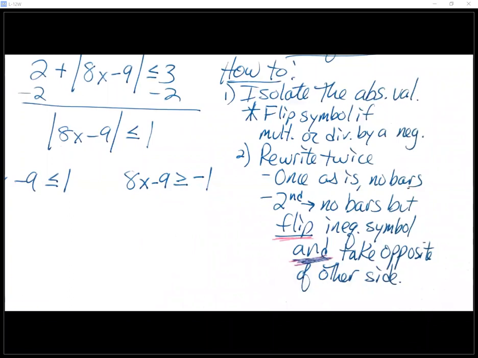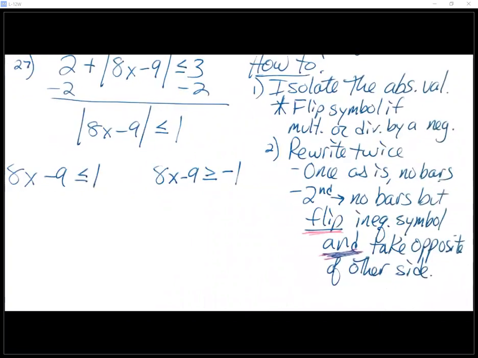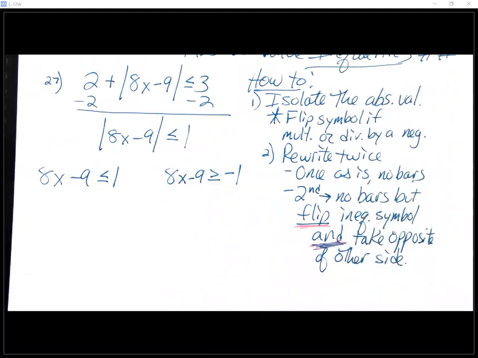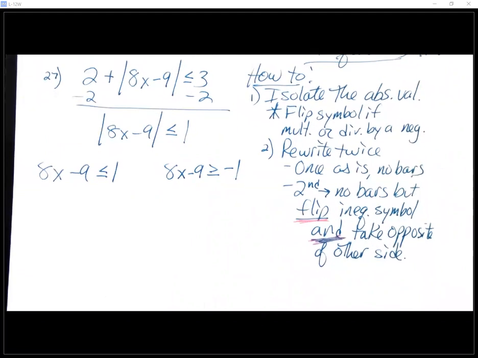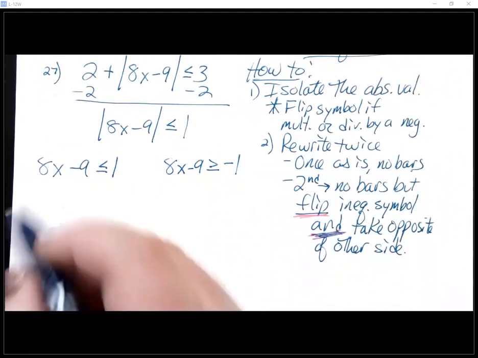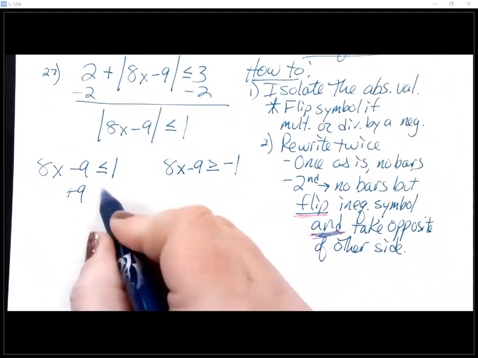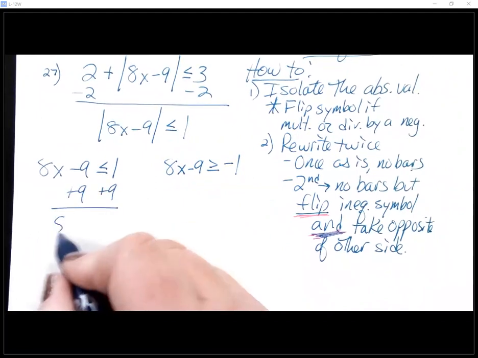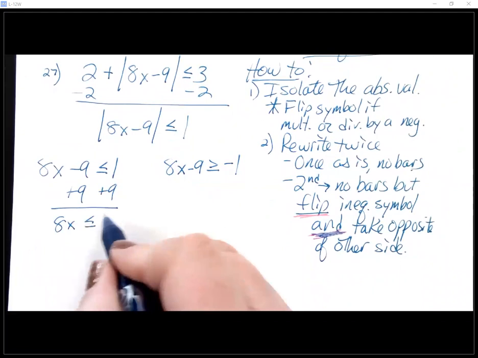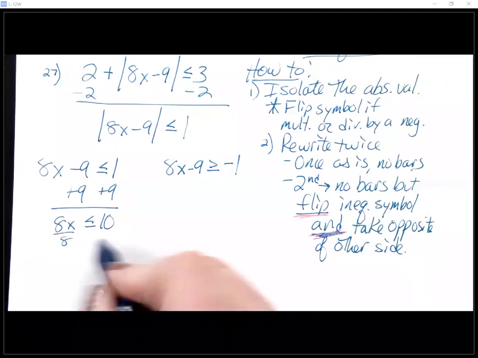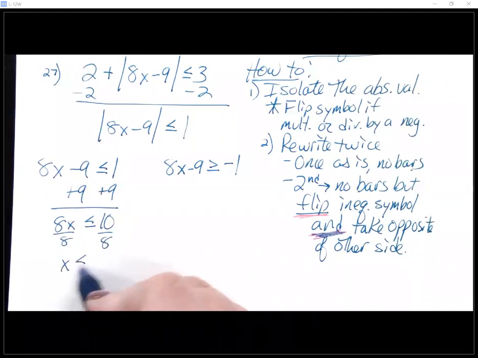Now, just like yesterday, I'm going to solve each one of these separately. Okay, so that's my third step. So I'm just going to solve each one like I normally do. So this should be relatively normal. 10 divided by 8 divided by 8. So that's, what's that, 5/4?